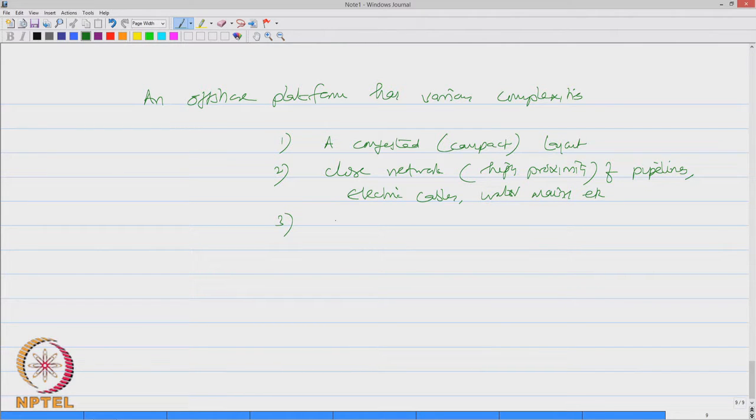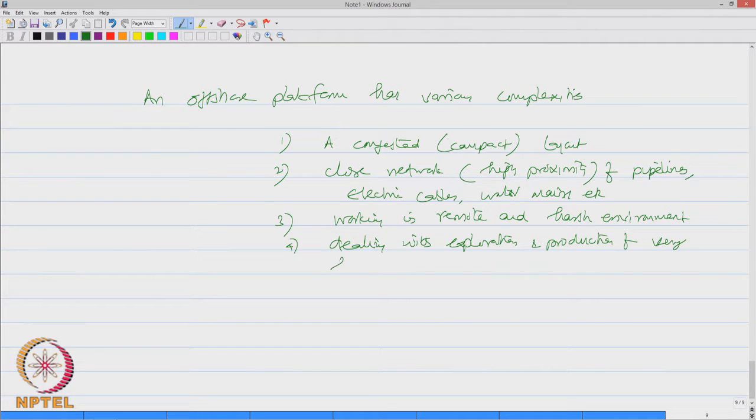Third, working in remote and harsh environment. Fourth, dealing with exploration and production of very highly flammable mixture.